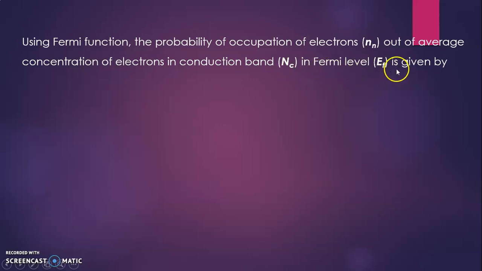The Fermi level, E suffix F, is given by the equation. Firstly, we are going to write the number of electrons on the N side, where capital N suffix C is the total number of electrons in the conduction band. That we are going to write as a probability.